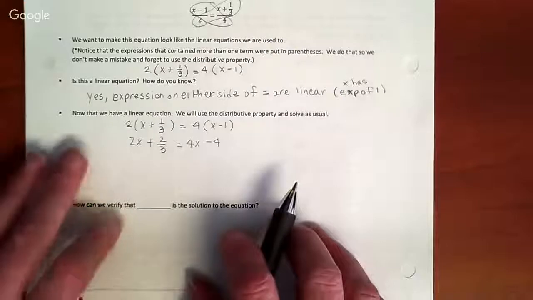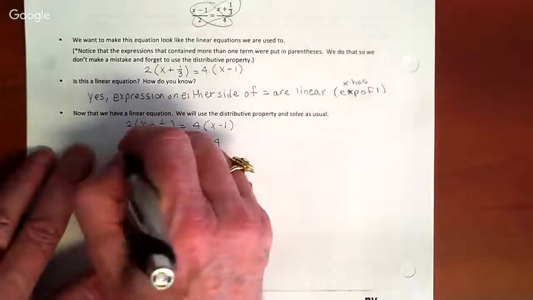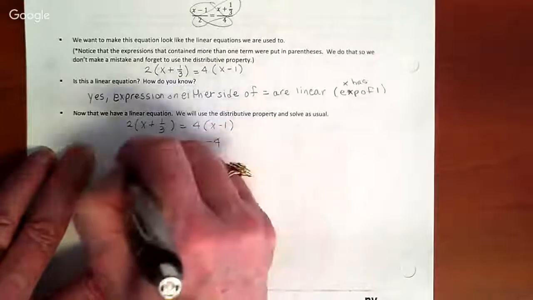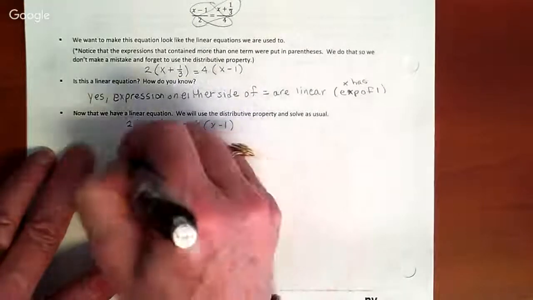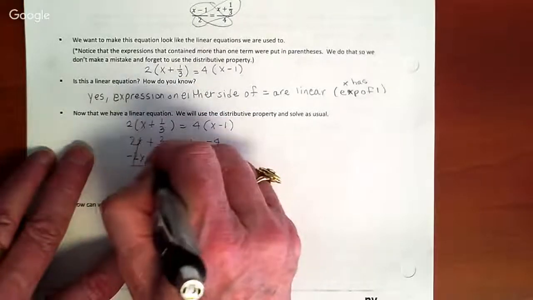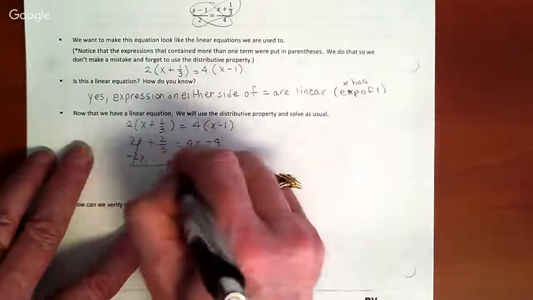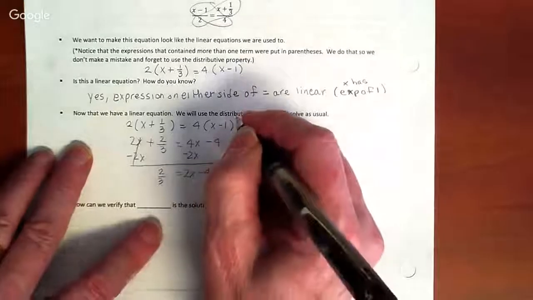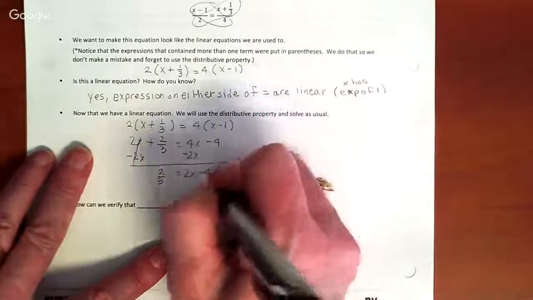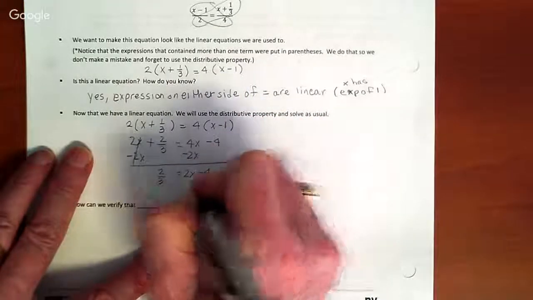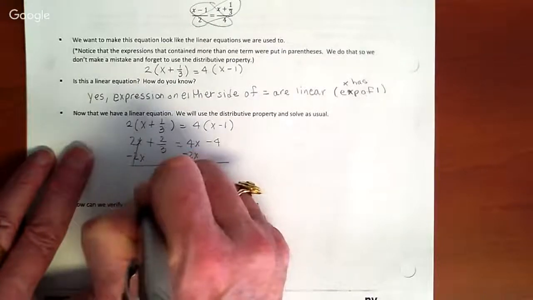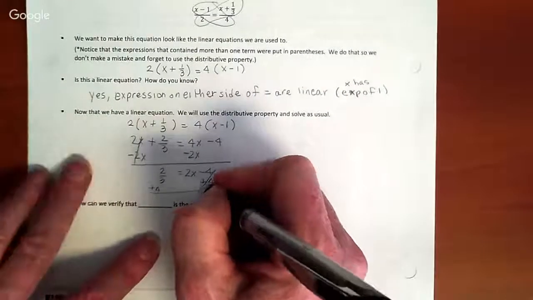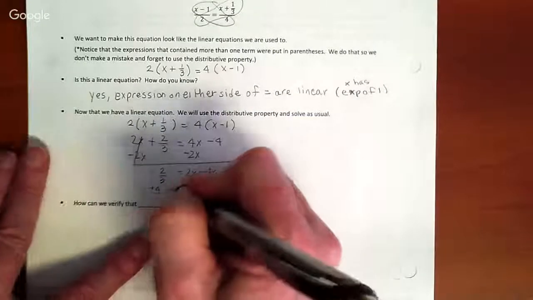Next we subtract 2x from both sides. And I have 2/3 equals 2x minus 4. Then I add 4 to both sides. And we have 14 over 3.